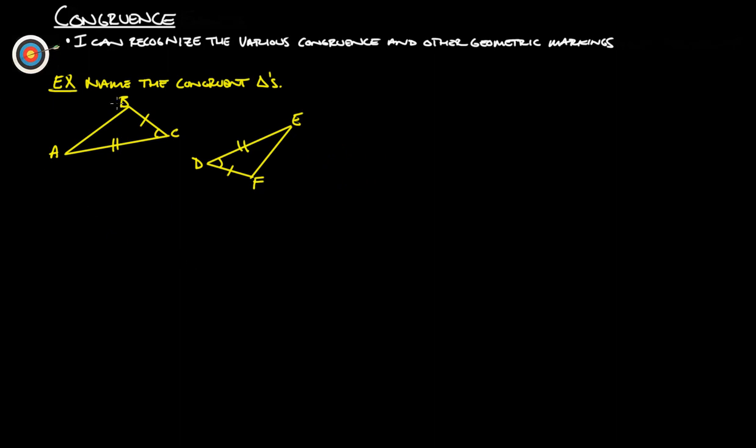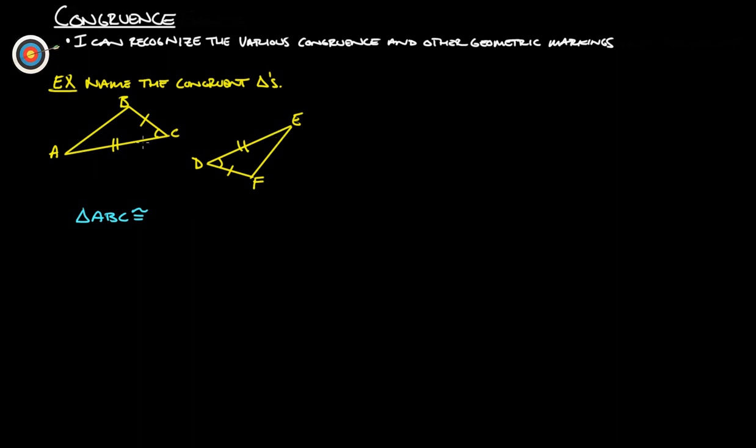Okay, so example, name the congruent triangles. So we've got triangle ABC and triangle DEF. We've got to make sure that we label the corresponding parts in the same order. So let's say triangle ABC is going to be congruent to, now this A is this small angle here.